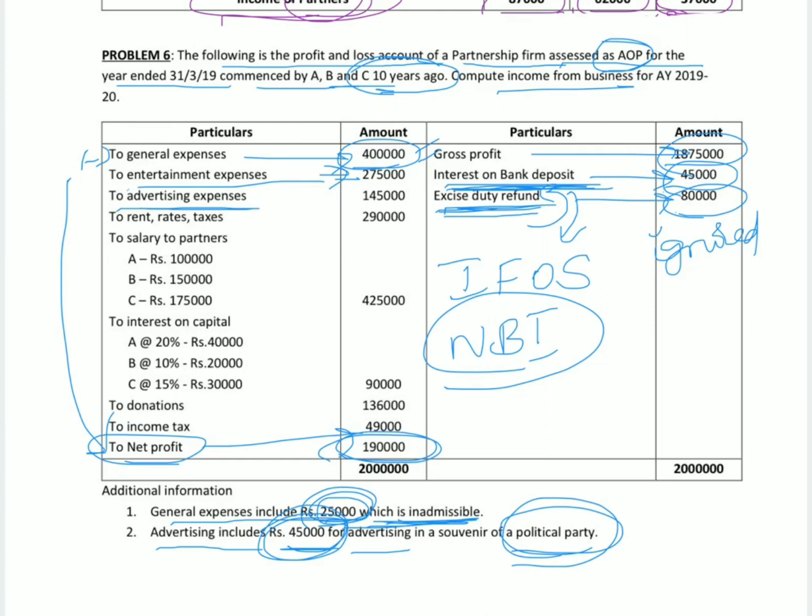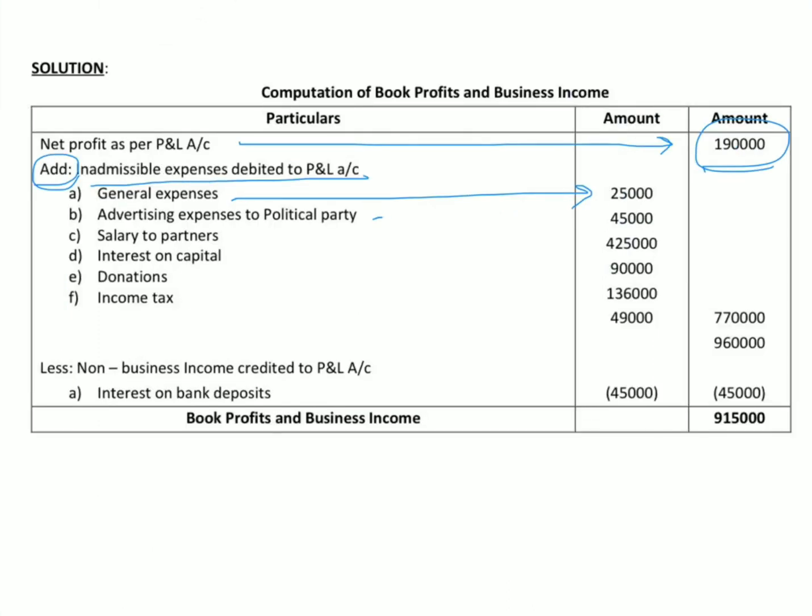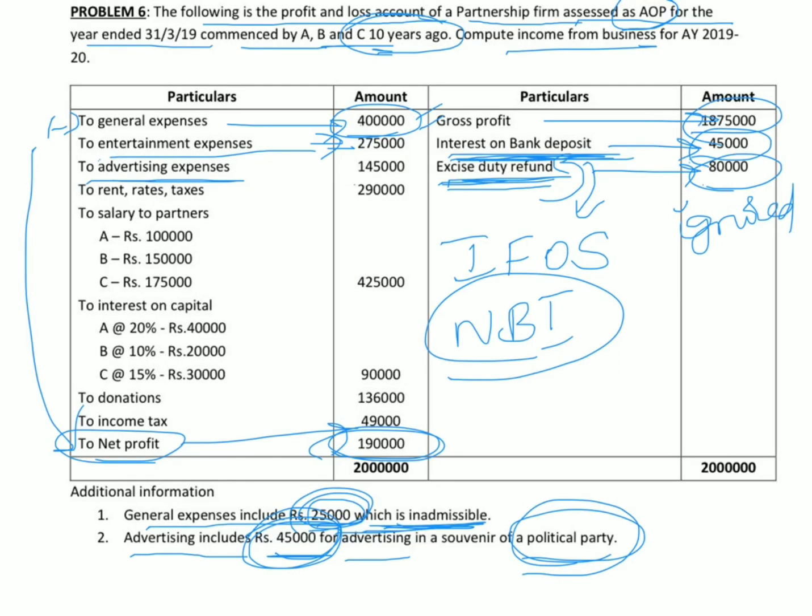Out of 1,45,000, 45,000 is inadmissible. So advertisement expense to political party 45,000 we have considered here. Next, rent, rates and taxes are related to business, and hence we will ignore.